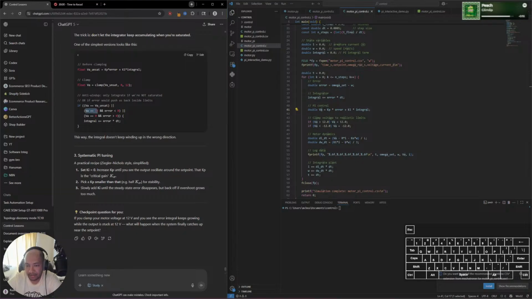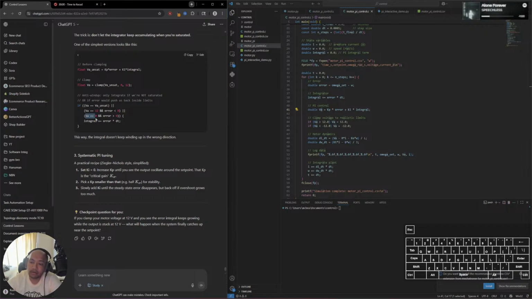Otherwise, if Va is 12 and the error is less than 0, well, let me think. If it's less than 0, it means I've gone past it, in the wrong direction. If it's greater than 0, that means I still have more error that I need to fix. So I can't go below. That's what those are checking.